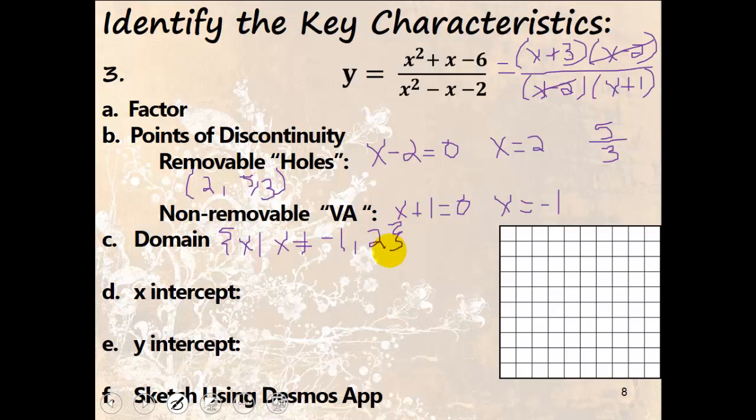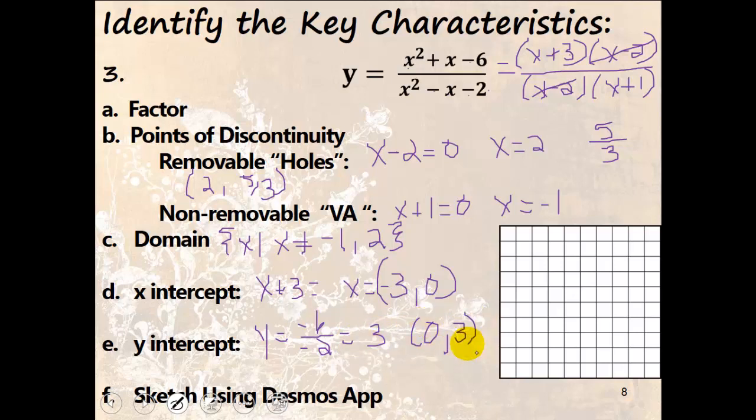My x-intercept, I look at whatever factor remains up here in the numerator and I set that equal to 0. So x is equal to negative 3, 0. My y-intercept, I plug in 0 for my x's, and when I do that, I get 0 plus 0 minus 6, so that gives me negative 6 over 0 minus 2, so that gives me 3. So my y-intercept is at 0, 3.